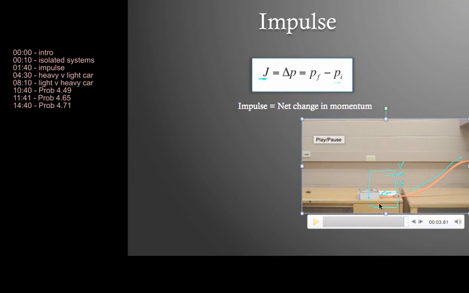Alright, so what is the impulse of this car? Let's say that its velocity is about 2 meters per second, right here down at the bottom, and its mass is about 50 grams, or 0.05 kilograms. So at first it comes and it's moving to the left, so let's just call the left minus x, so that's going to give us a minus velocity.